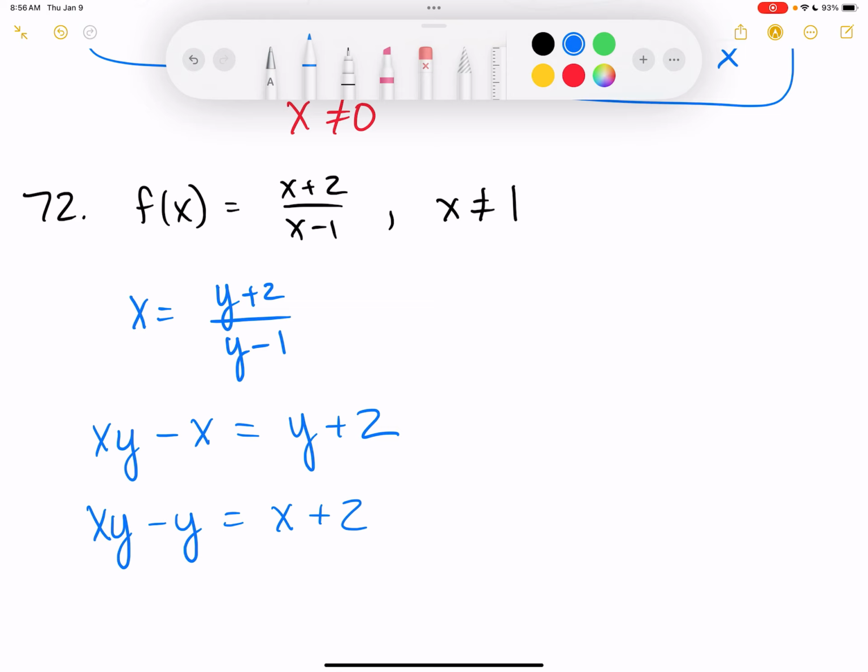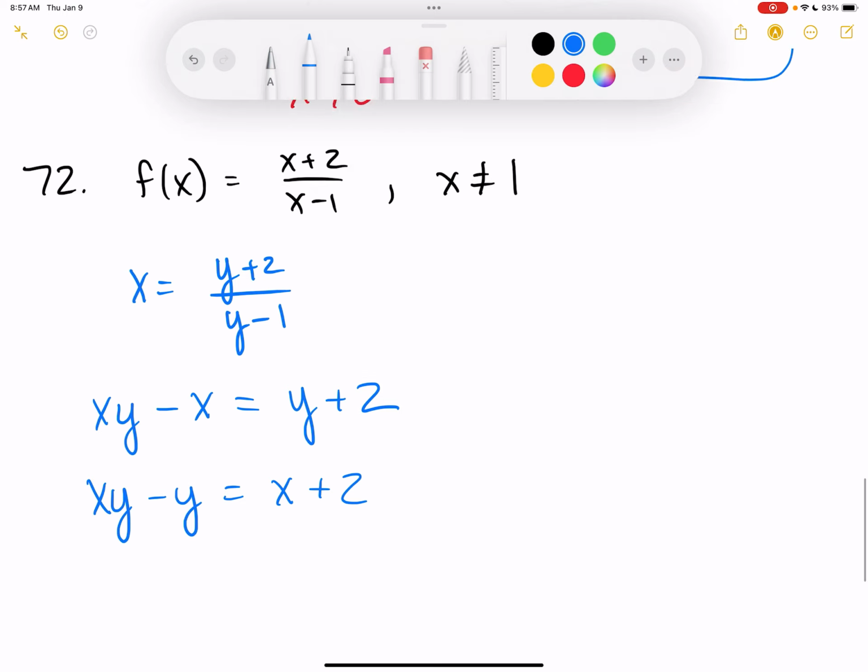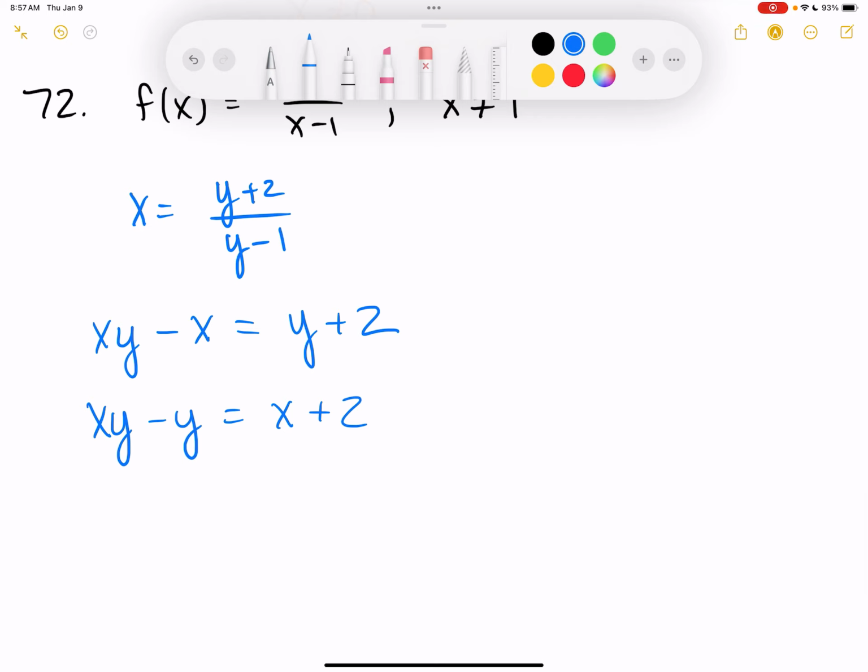Now, this is the step that I find people tend to struggle with a lot. What do you think I might need to do at this point, now that I have a y in both of those pieces, but they're not just by themselves? How about if I gave you something like 3x plus 6?